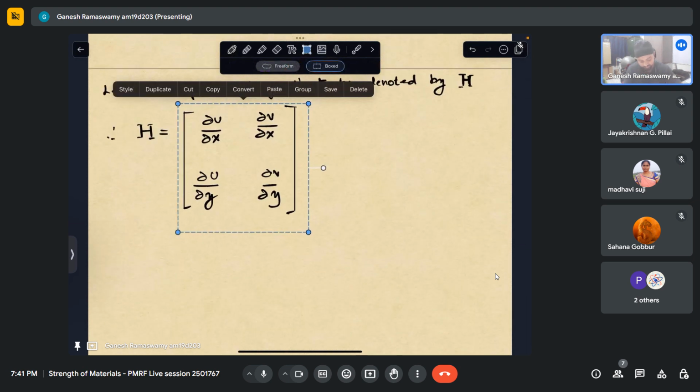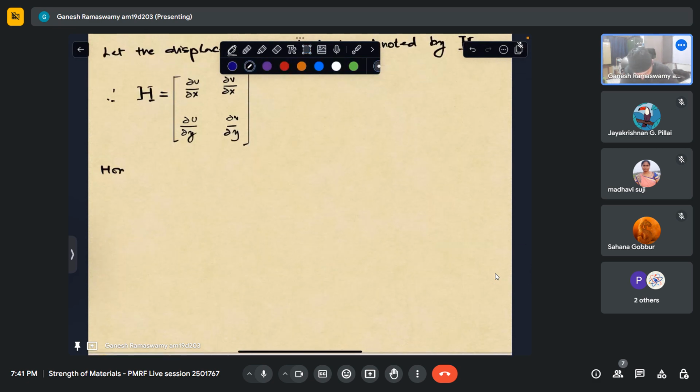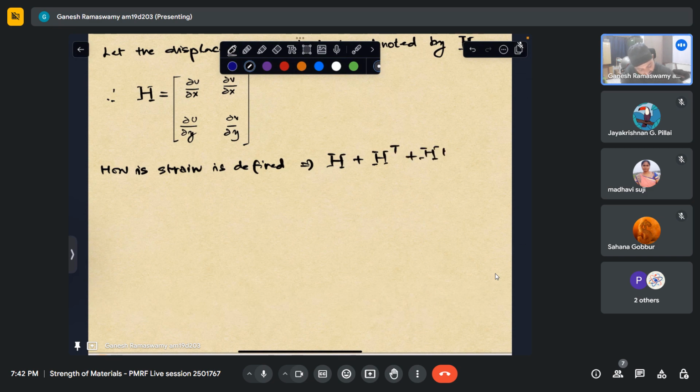So how my strain is defined is, it is nothing but H plus H transpose plus H into H transpose. So this is how my strain is actually defined. Or this will be rather 2 times of this thing. So yeah, strain is defined like this.